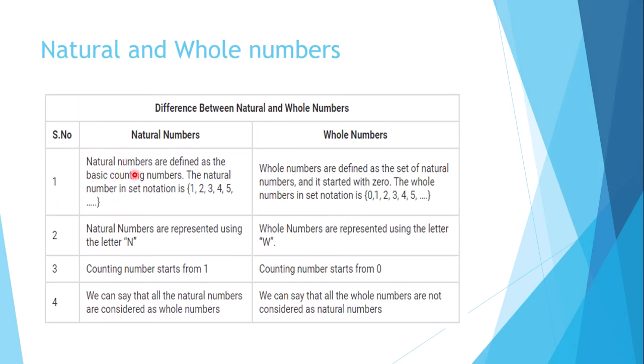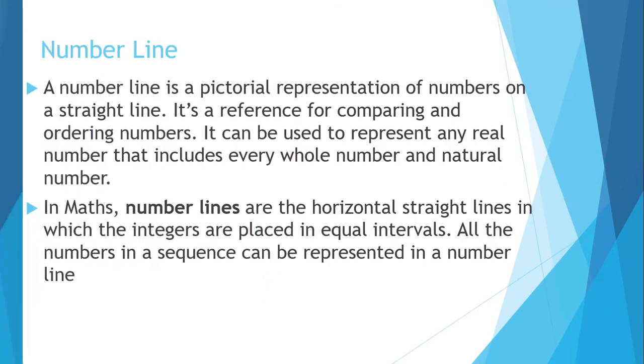We can say that natural numbers are basic counting numbers and whole numbers are the set of natural numbers together with 0. Natural numbers are represented by capital letter N. Whole numbers are represented by capital letter W. Natural numbers start from 1. Whole numbers start from 0. We can say that all natural numbers are whole numbers, but we cannot consider all whole numbers as natural numbers.